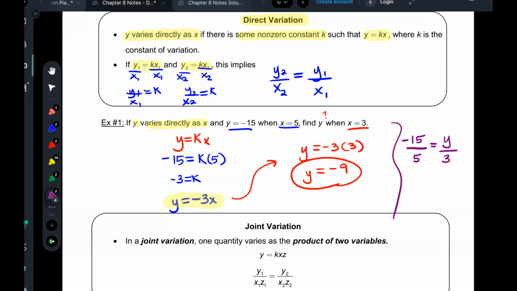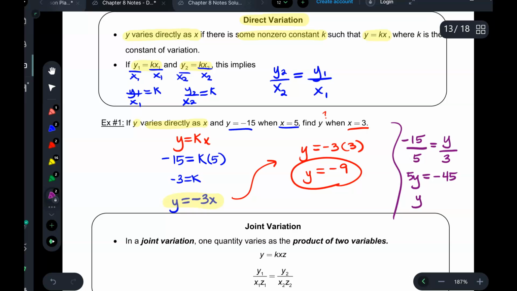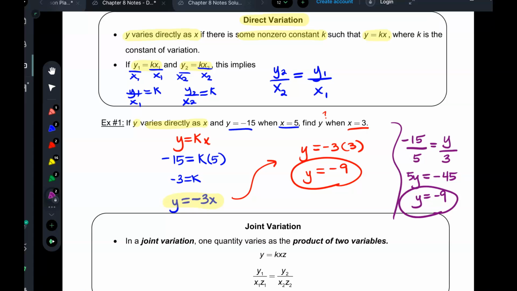That's y2 over x2 equals y1 over x1. So if we just do y over x equals y over x, we have 3 values that are known. So I'd cross multiply: 5y equals negative 45. Two different ways to solve it. Both are correct.